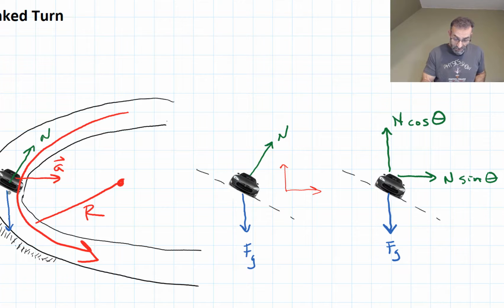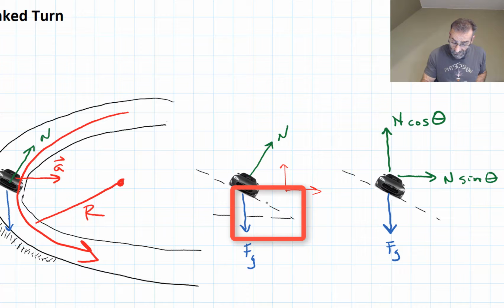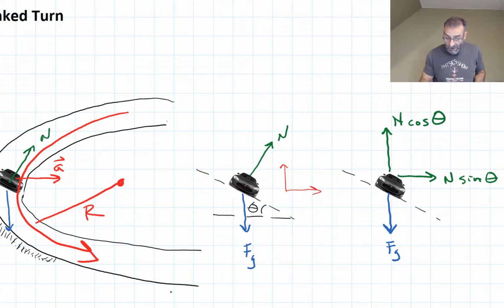And if the angle of the incline is theta, then the normal force breaks up this way as n cosine theta in the vertical direction, n sine theta in the horizontal direction. And you can see now why the car is able to go through a circular turn with no friction, because the normal force is pushing it toward the center of the circle, allowing it to stay in a circular path.